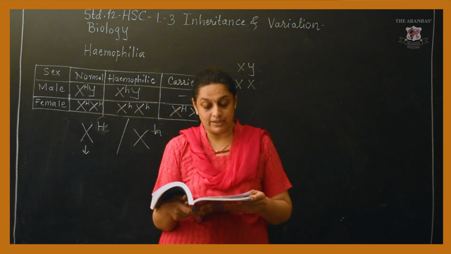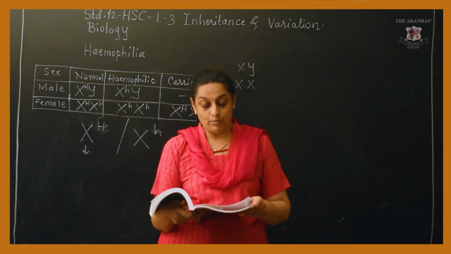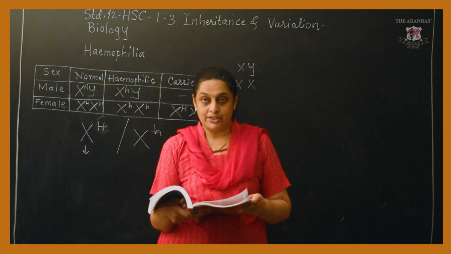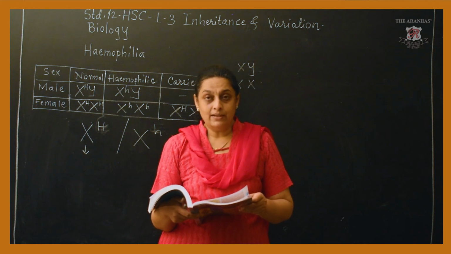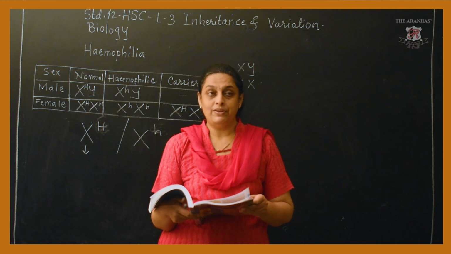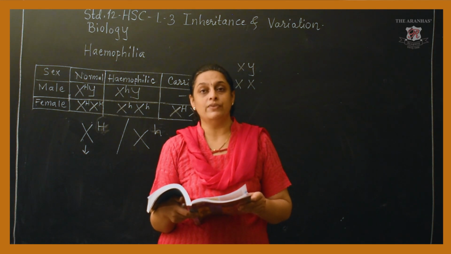By mistake it is written color blind. Now actually it should be hemophilic person. So make that correction in your textbook. So one daughter, one son normal, one female carrier, and one son is hemophilic.